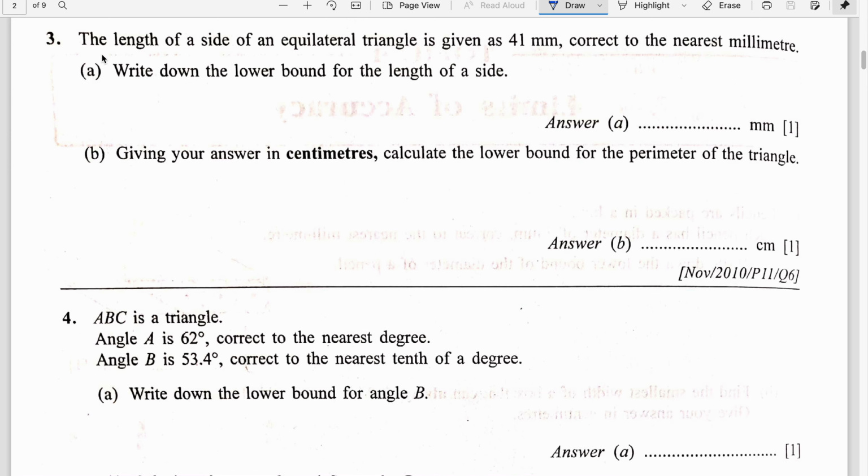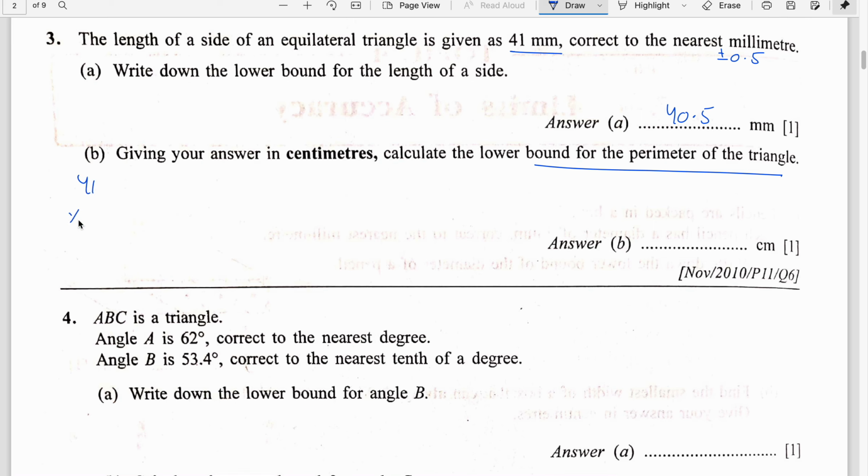Question number 3. The length of the side of equilateral triangle is 41 millimeters, correct to nearest millimeter. Write down the lower bound of the length of side. So 41 minus 0.5 is 40.5 millimeters. Giving your answer in centimeters, calculate the lower bound for perimeter of triangle. So lower bound of perimeter, one of the side is 41.